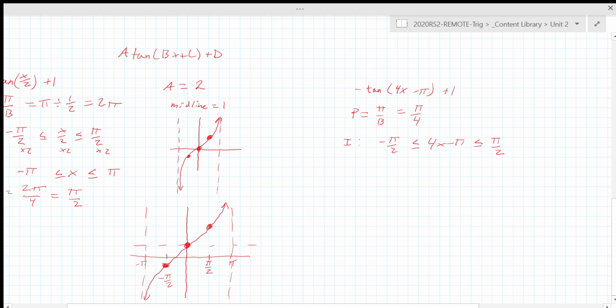And then we're solving for x in the middle. So I'm going to add pi to each side. And then divide by 4 on each side.